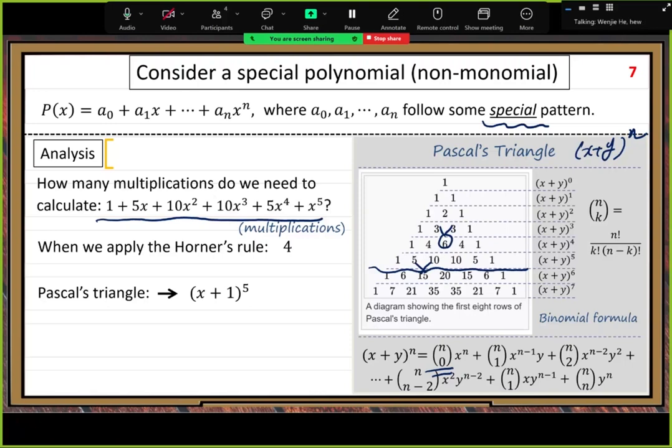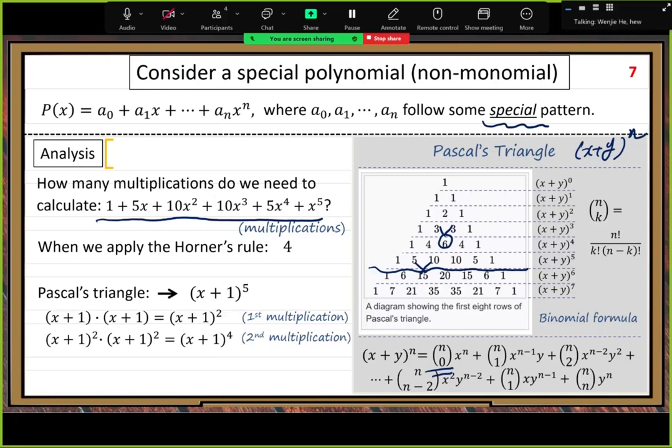When you calculate monomial x to the 5th, how many multiplications do you need? First one, x plus 1 times x plus 1. Squaring, 1 multiplication. Next one, x plus 1 squared times x plus 1 squared, second squaring operation, x plus 1 to the 4th, second multiplication.